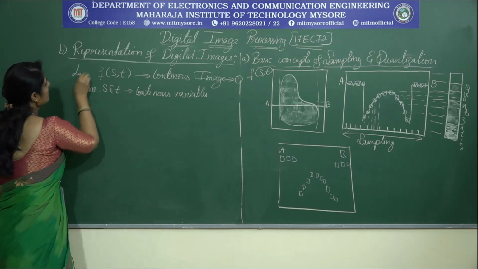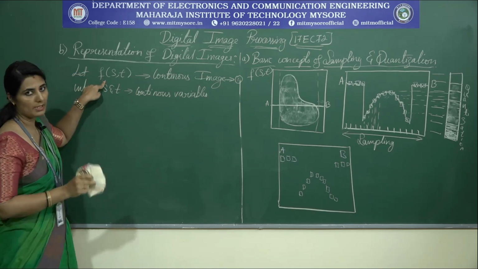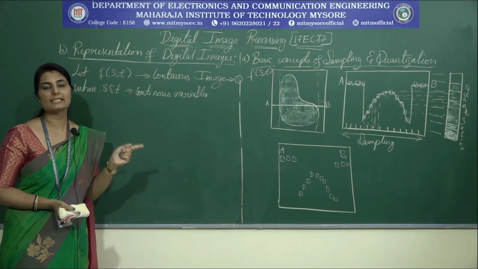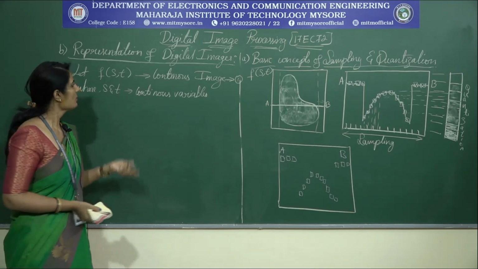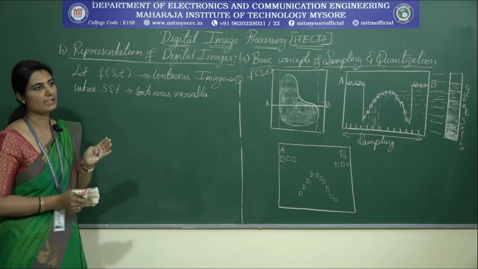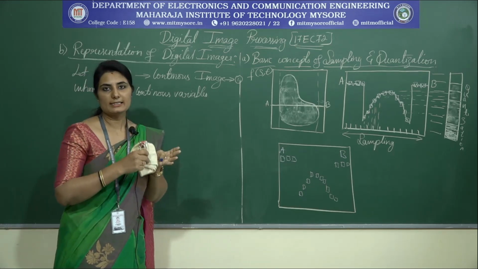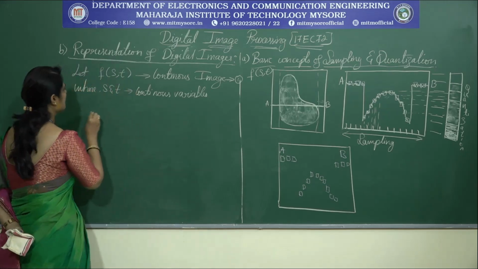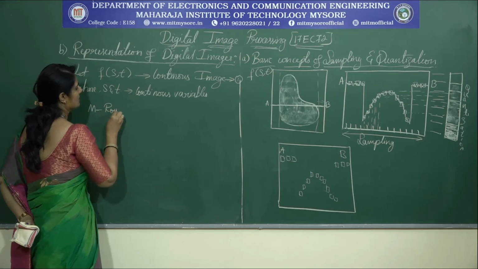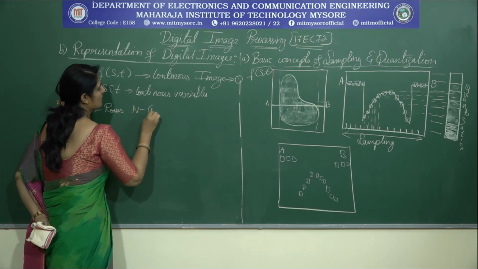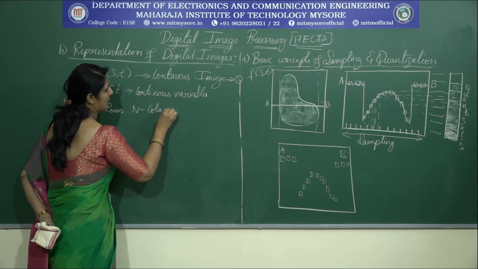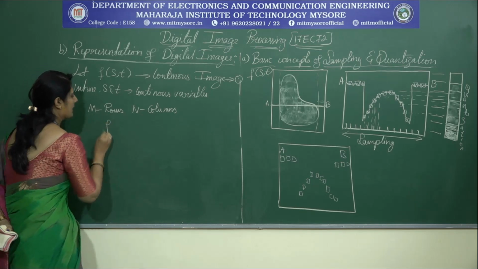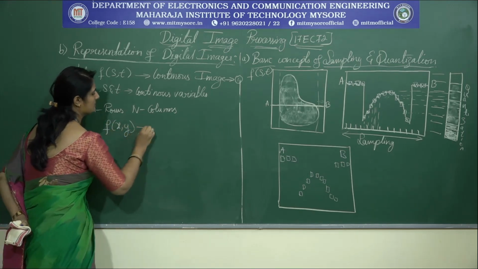In order to convert this continuous image into a digital image, we have to perform 2 intermediate steps, that is sampling and quantization. So in order to sample this continuous signal, let us project it on a 2D array having m rows and n columns, which forms a digital image. Okay, and that digital image I call f of x comma y.